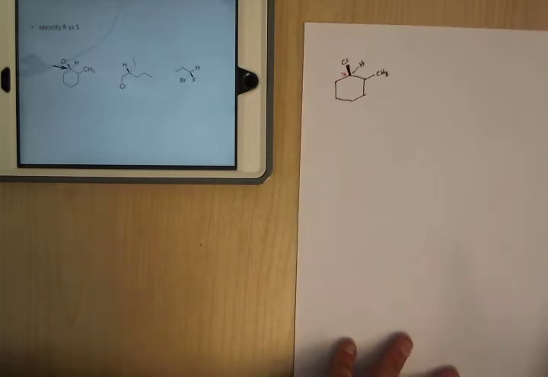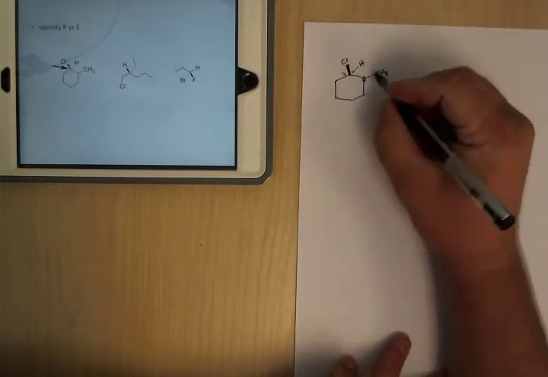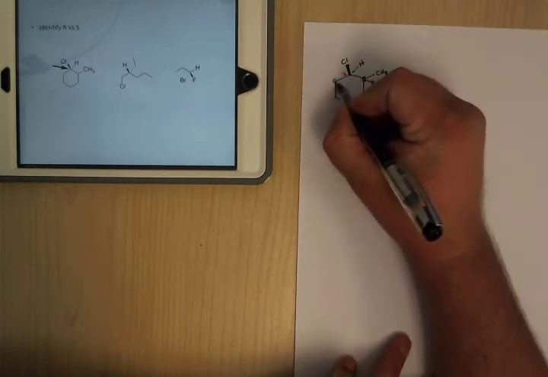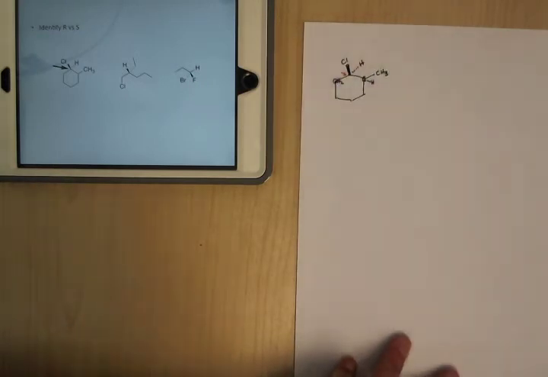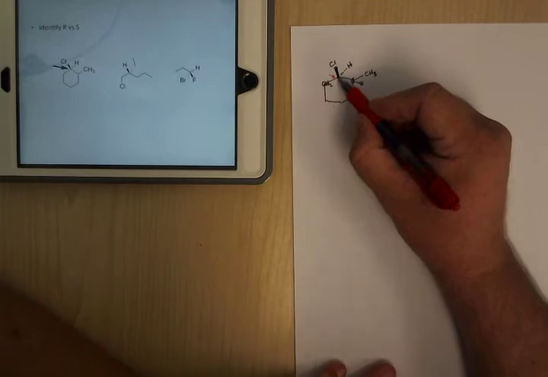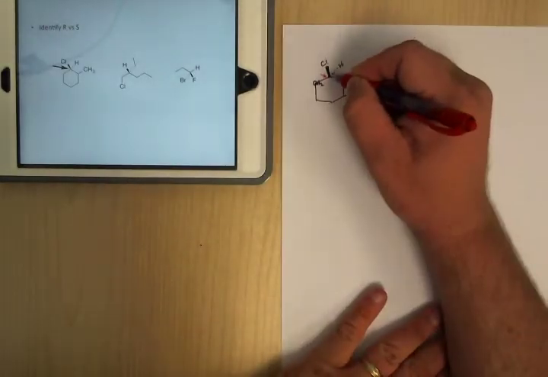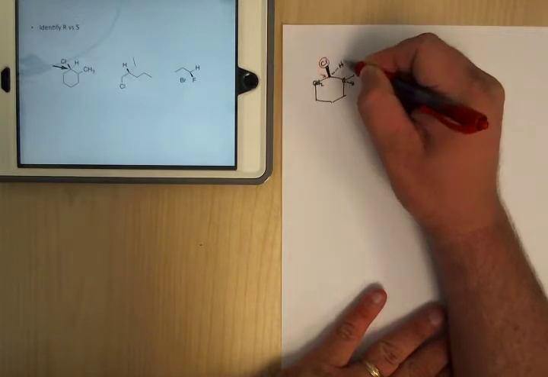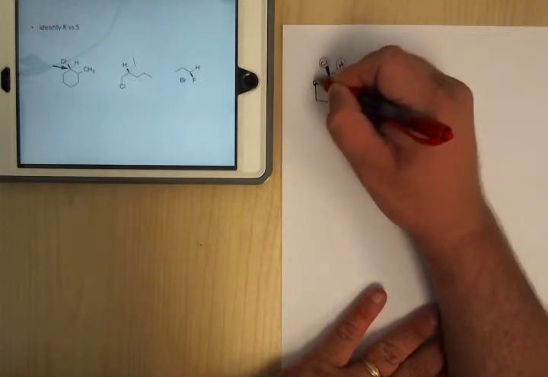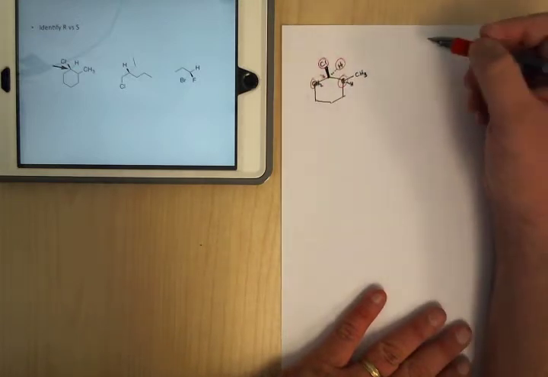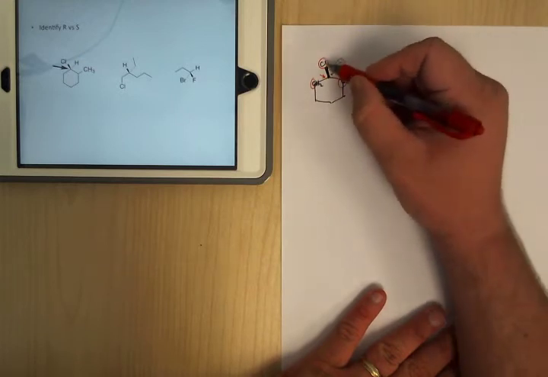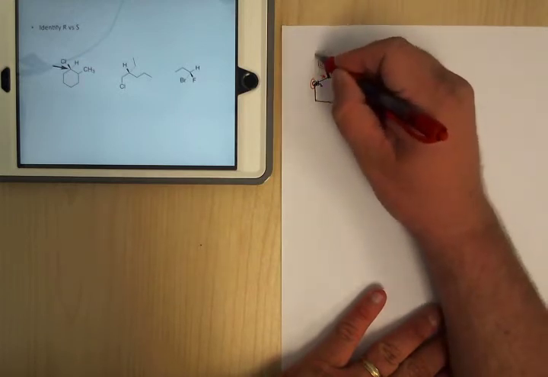That's a CH, and this is a CH2. We're interested in that carbon, so look at what's directly attached to it. It's this chlorine, this hydrogen, that carbon, and that carbon. So what's the heaviest? The chlorine, so that's going to be number 1.